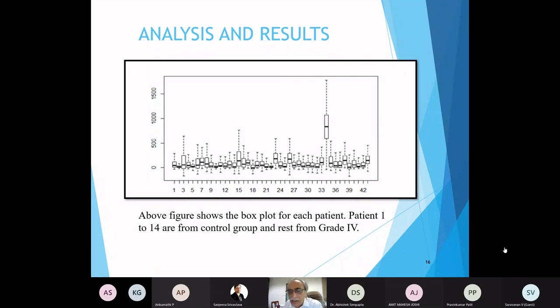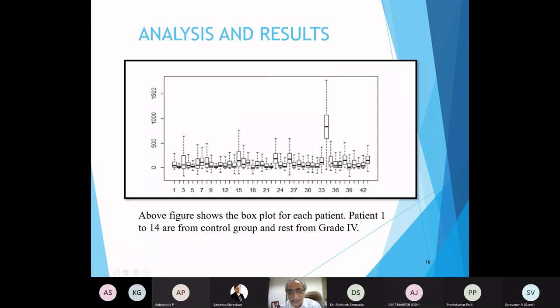So we have summarized these values of 19,200 proteins using this box plot. It gives me the minimum, maximum, 25th percentile, 50th percentile, also referred to as the median, and 75th percentile. It provides information about these five entities for these 19,000.